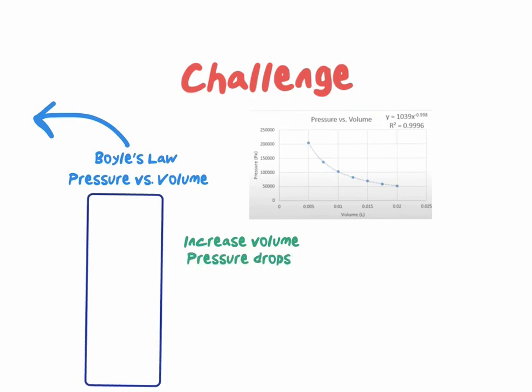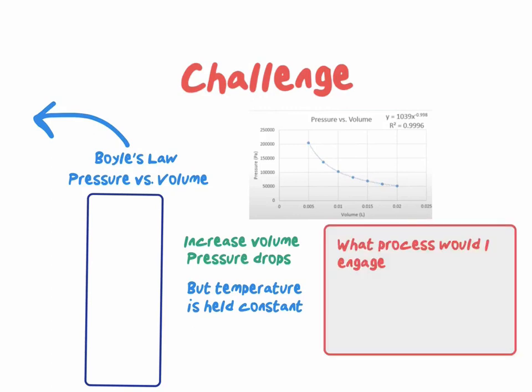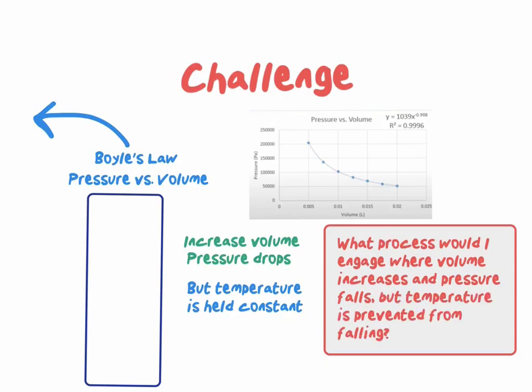That makes sense. But Boyle's Law assumes that the temperature is constant. So what process would I have to engage where we will expand the volume and let the pressure fall, but prevent the temperature from falling too?